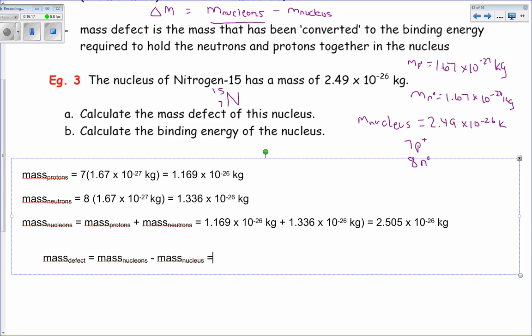Okay, and so then this is equal to the mass of the nucleons that we just found on the previous line, so 2.505 times 10 to the negative 26 kilograms, minus the mass of the nucleus that we were given in the problem, 2.49 times 10 to the negative 26. And you can see it's not going to be a huge difference in mass, right? It's going to be a very, very small number.